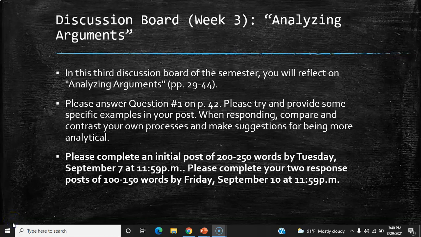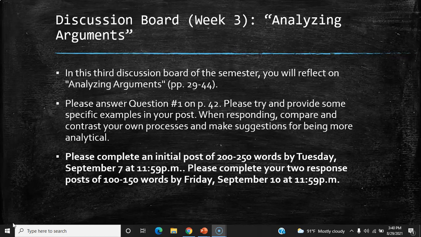One of the things that you are going to be doing is to answer question number 1 on page 42. Please try and provide some specific examples in your post. When responding, compare and contrast your own processes and make suggestions for being more analytical. So do your best answering that question.